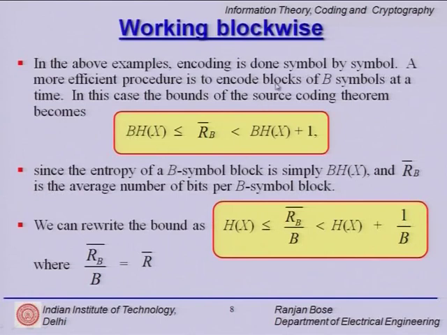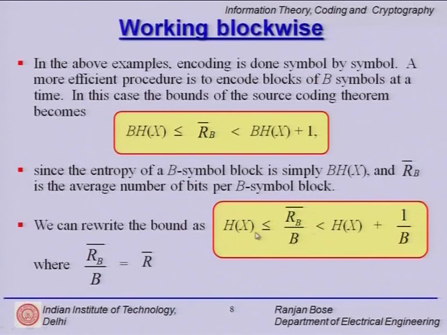Suppose we encode a block of b symbols at a time. Then we write the equivalent source coding theorem as b H(X) less than or equal to R_b bar, which is the average length for one block of b symbols, and so forth, less than b H(X) plus 1, coming back from the source coding theorem.